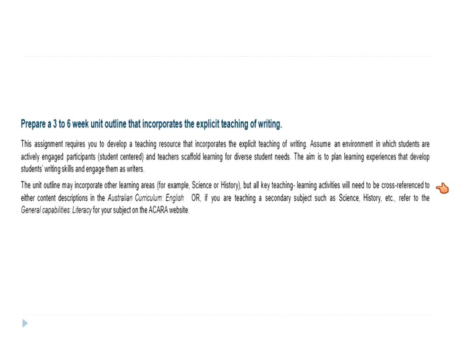So in other words, if you've got a unit in science or history and you want students to write a science report or do some historical research and produce a history project, for example, then you can cross-reference the teaching of factual or fictional or whatever it is you want them to do, writing, to the Australian curriculum.